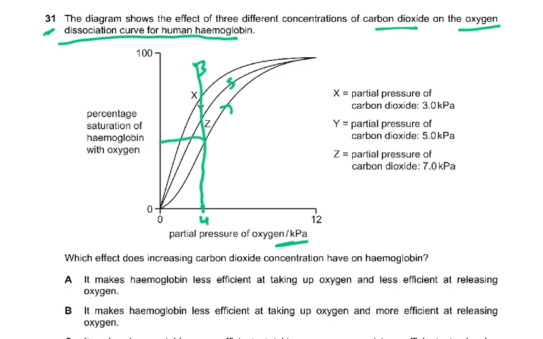Now Z, and Y, and X. So percentage saturation of hemoglobin, you can see what is happening to it. Percentage saturation of Z was say 40%.